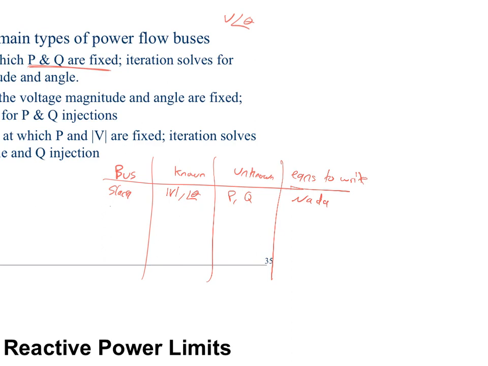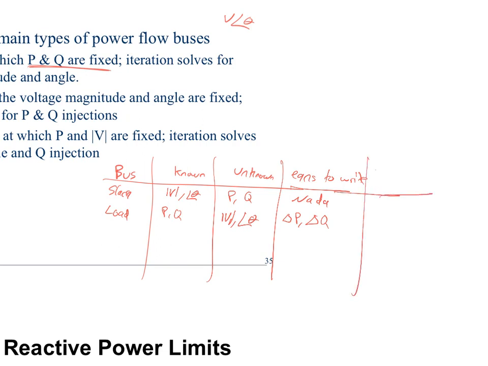In the case of a load or a PQ bus, we know the power that's supposed to be at the load bus, both real and reactive. We don't know V nor theta. Okay? So the equations we have to write are delta P and delta Q at that specific location.